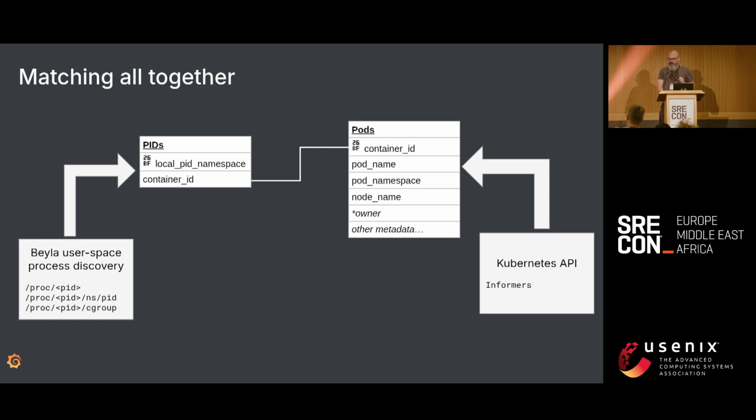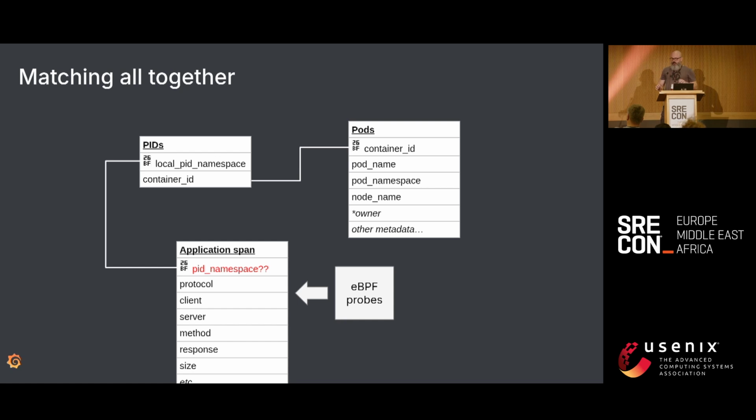But we have a missing component here, because we still have to relate what is seen by the probes. The probes are helpful to get all the information for the application span, like the method and the path of the request, but the PID namespace is not straightforward. And this is what we need to figure out in order to glue all these pieces together.